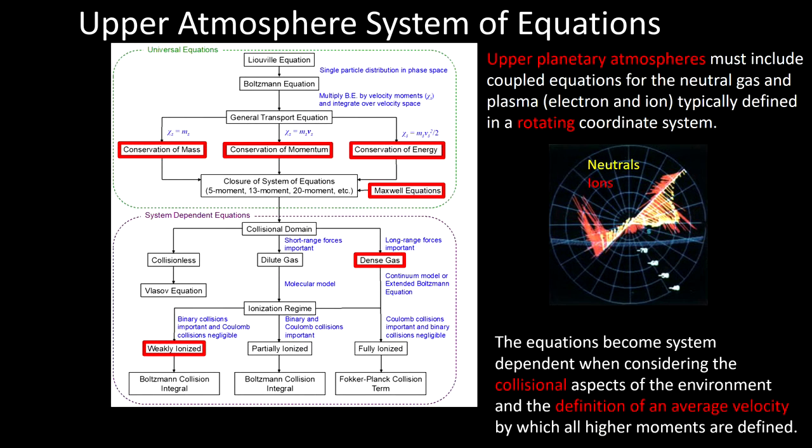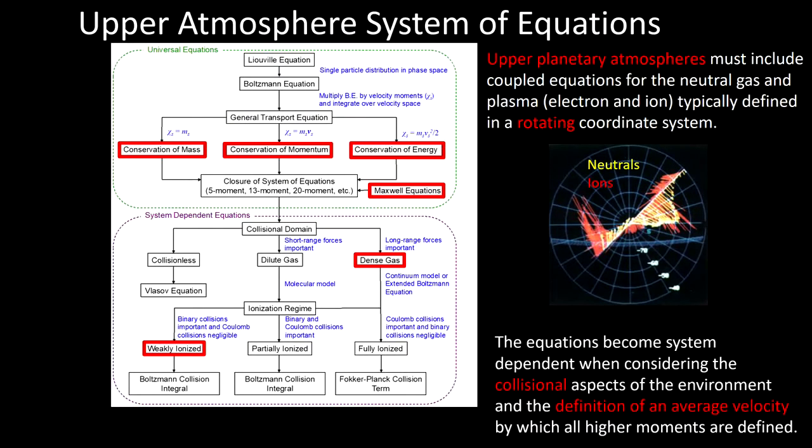In our case, we're in a dense gas with a weakly ionized gas, and we result in a Boltzmann collision integral that can be quite complicated, but has been applied quite simply to Maxwell collisions, described more heavily in Schunk and Nagy's book, for instance, as a good place to delve into that. Effectively, we need to make the system specific, then consider these collisions as well as the velocity distribution function that's used to build these equations.